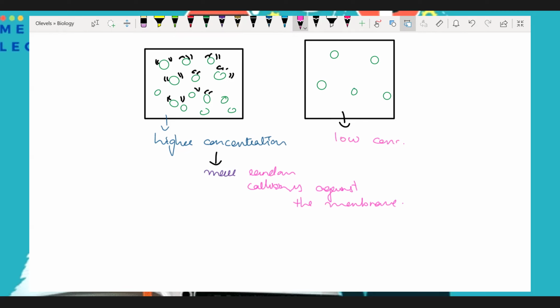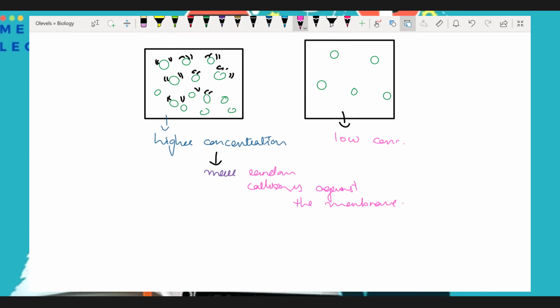Okay, could you give me any example of concentration gradient? How does concentration gradient affect diffusion?